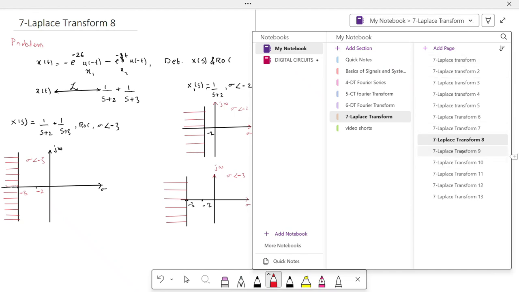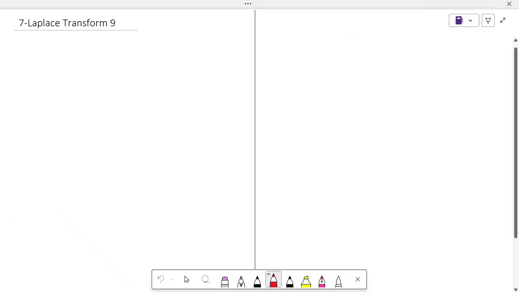The last problem. So x of t equals e power minus 2t u of t minus e power minus 3t into u of minus t.